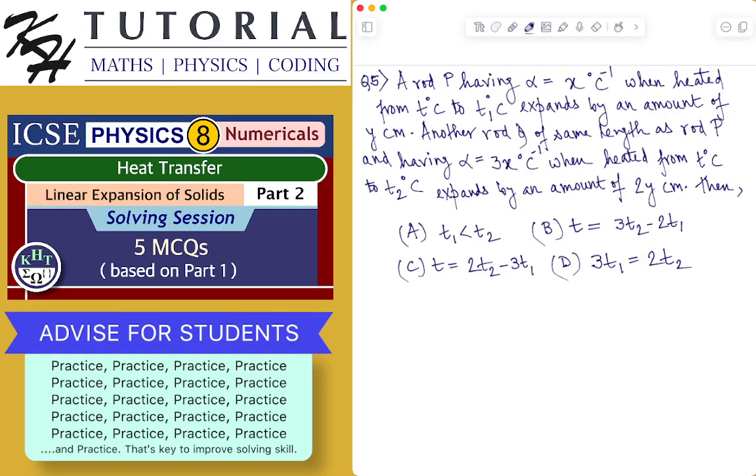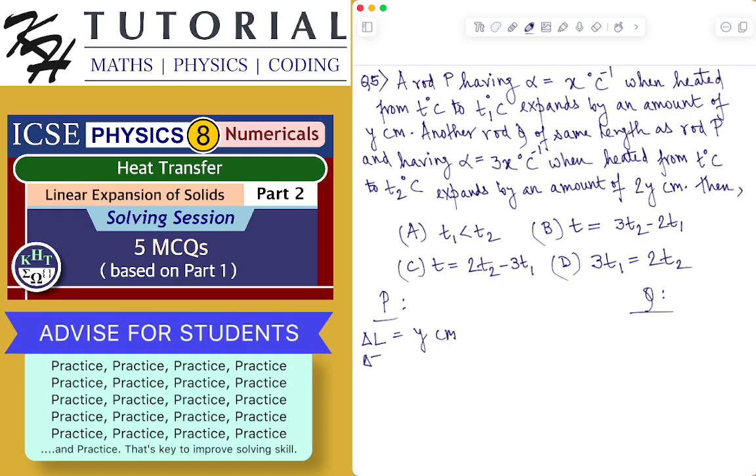So let's see what is happening for rod P and rod Q separately. For the rod P, what is delta L? Delta L is given to be y centimeter. What is delta T?